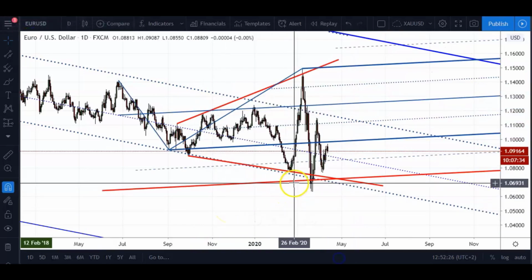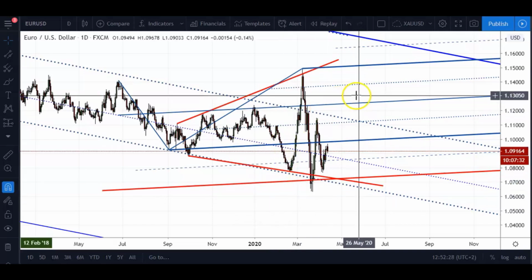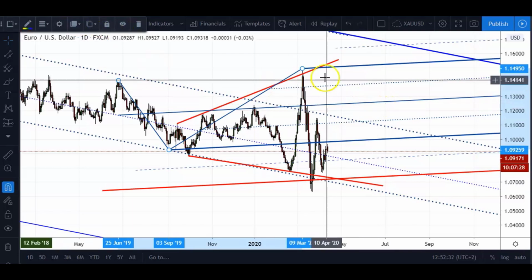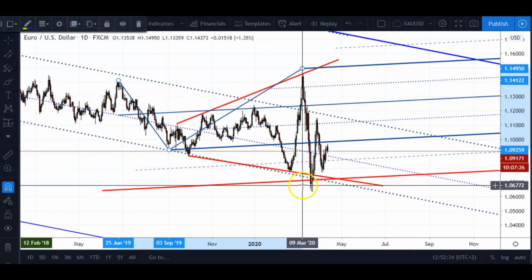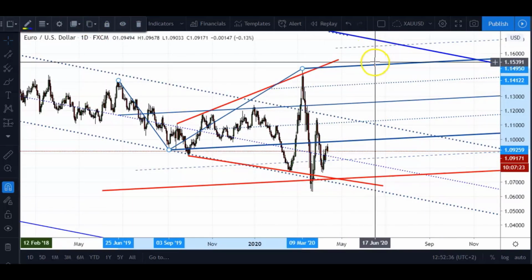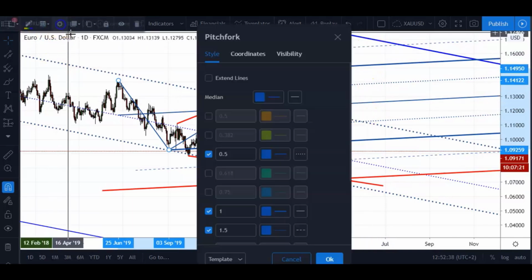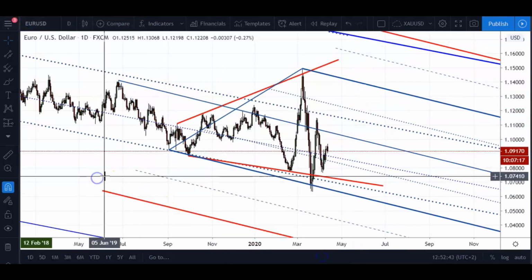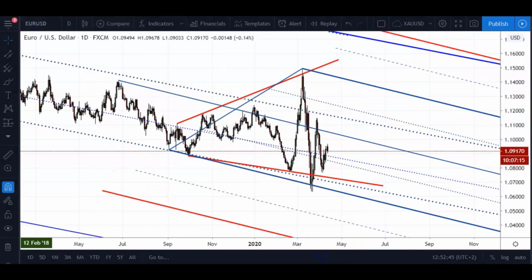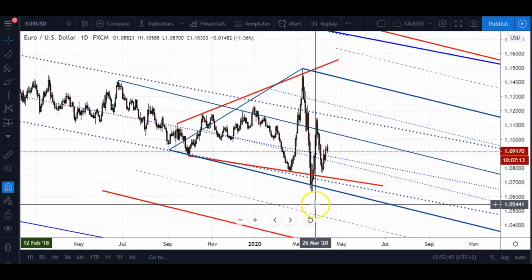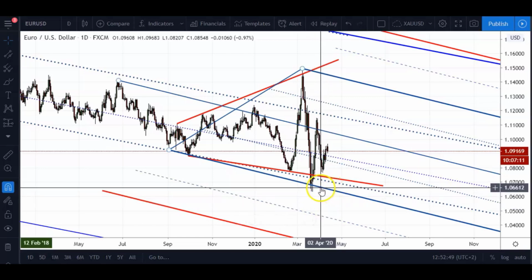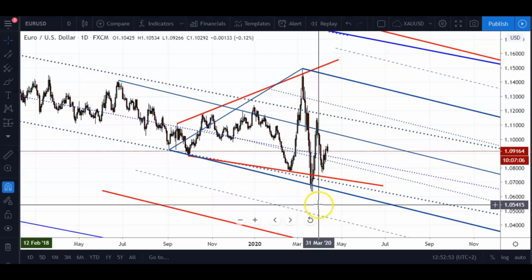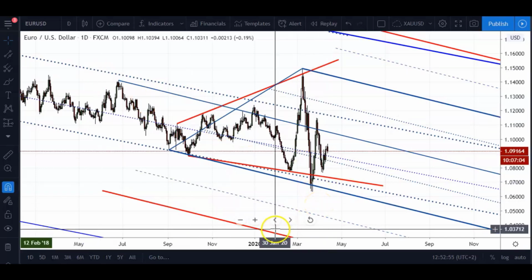Although it stopped here at a low red warning line, when you are dealing with market geometry, especially pitchforks, you want to slope it into the direction where you think a low was. In this case, these lines are sloping upward, which is not something you want. You want a termination to happen at an area that's sloping into the direction that you've seen a low, for example. In this case, price did not manage to break through. Well, it broke through, but it couldn't close below this lower median line of the standard pitchfork.